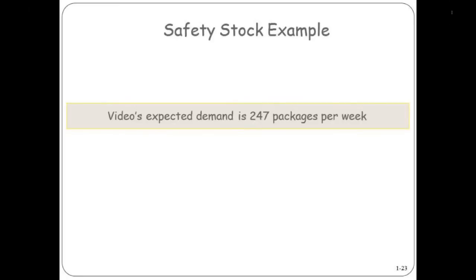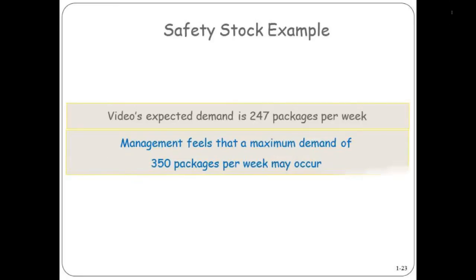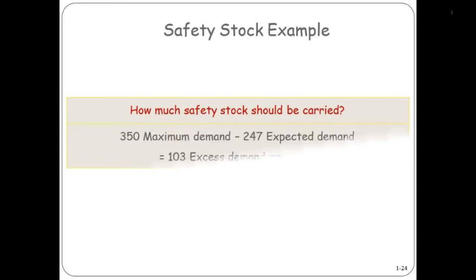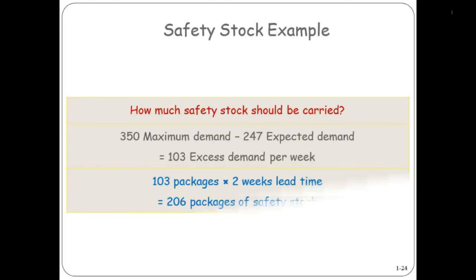So we know their expected demand is 247 a week. The sense is that their maximum demand would be 350 a week. So how much safety stock do you need? You need to have 103 excess units for every given week because you want to be able to handle the max.